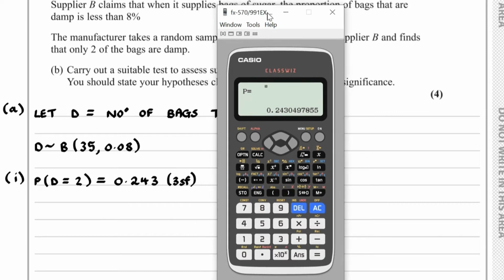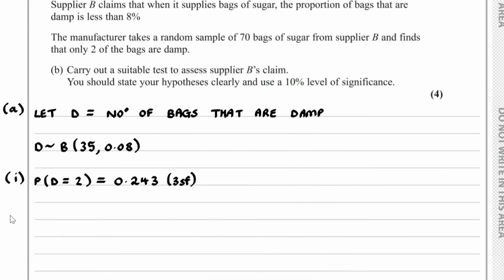And then, for the next part, we have to find the probability that D is greater than 3. Well, what this is the same as is 1 subtract the probability that D is less than or equal to 3.